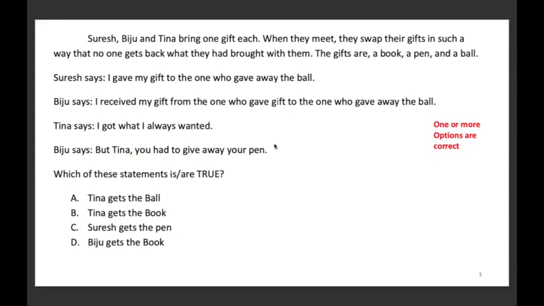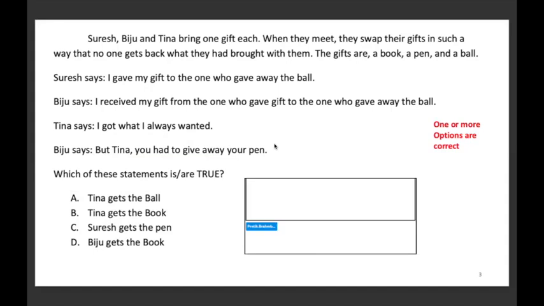So here we have 3 individuals. Just 1 minute. Okay. One is Suresh.